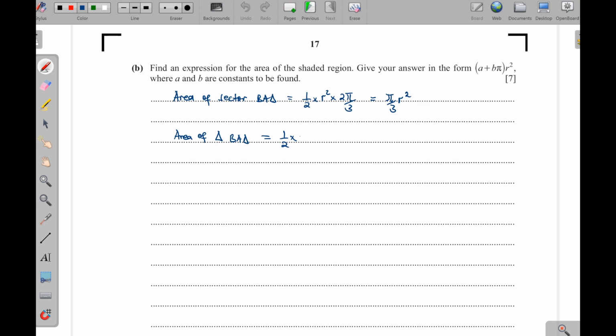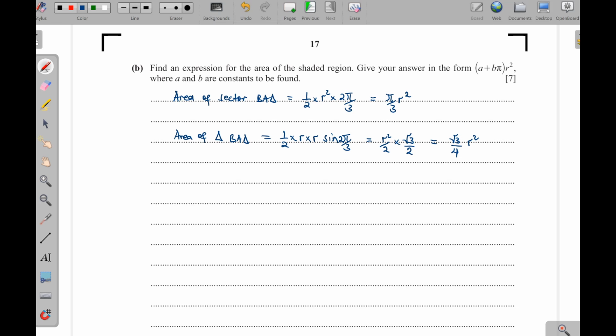So that is a half r times r, then sine of, it is actually 2 pi over 3. So r squared over 2, then sine of 120 is the same as sine of 60, which is root 3 over 2. Here we shall have root 3 over 4 of r squared. I will also keep that.